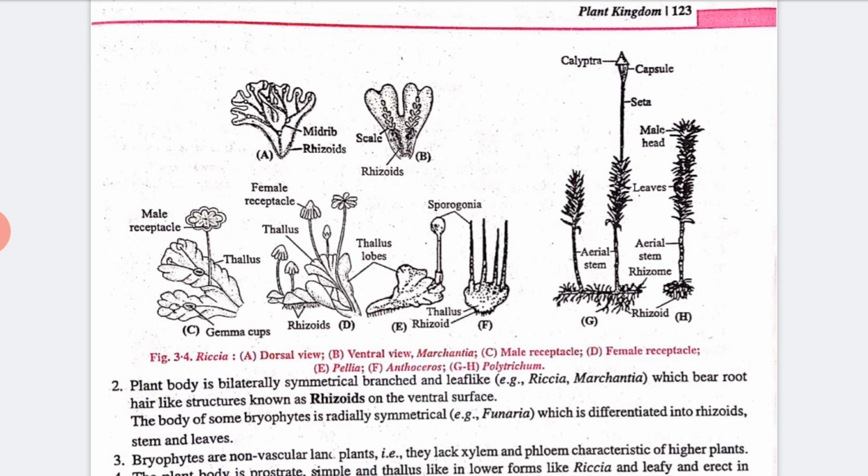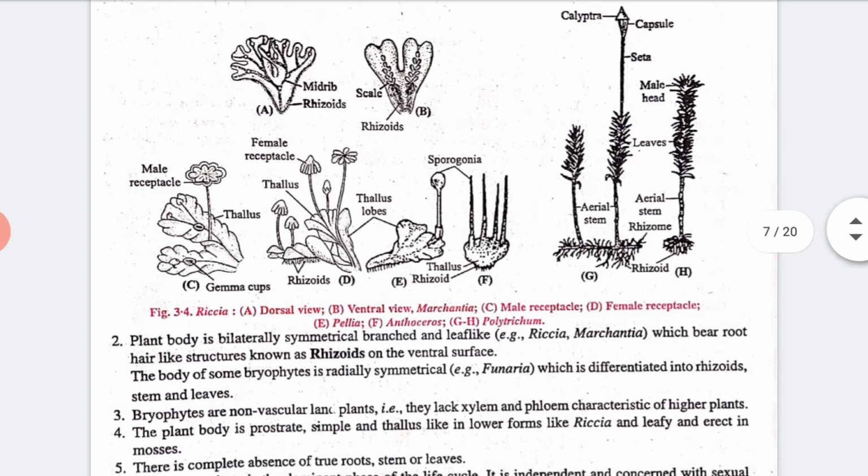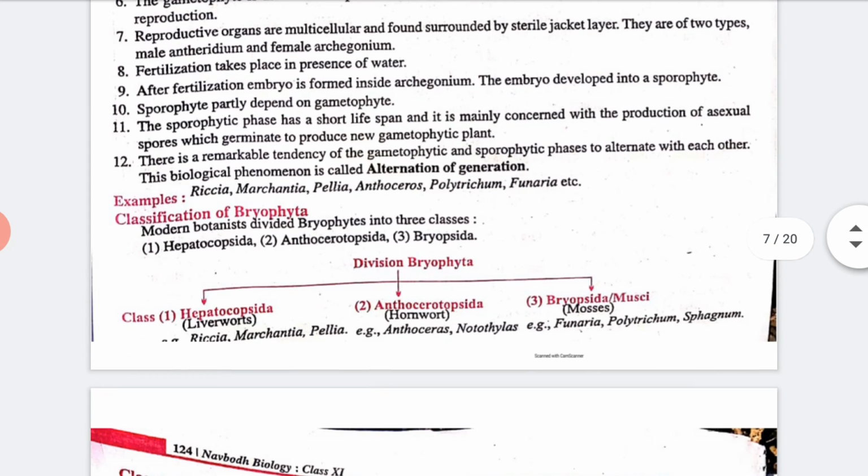Okay, now if we talk about the classification of bryophytes, then modern botanists divide bryophytes into three classes. First is, see here it is given, Hepaticopsida. Next is Anthocerotopsida.